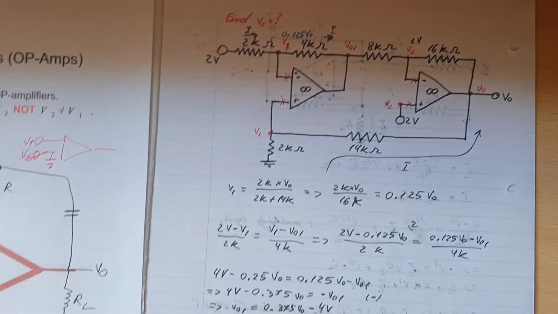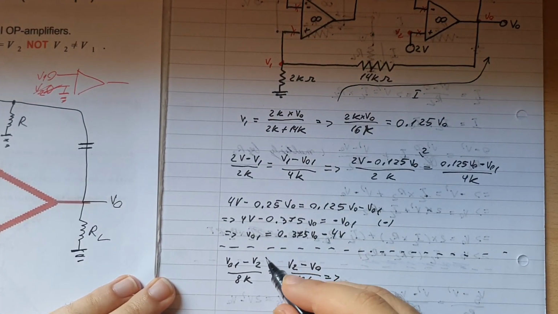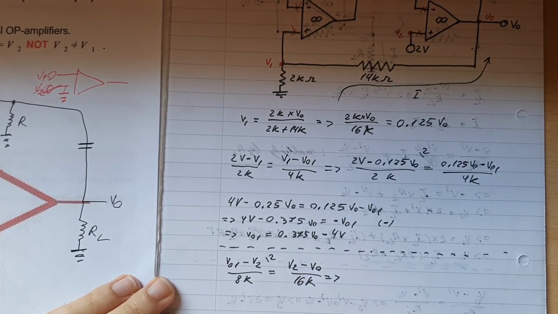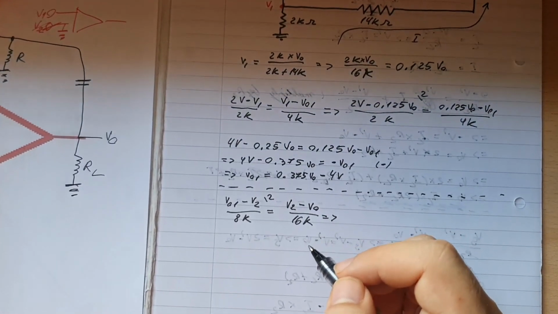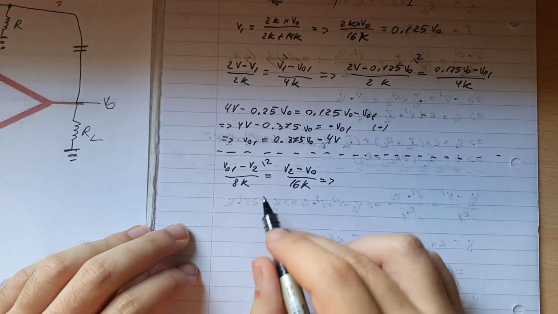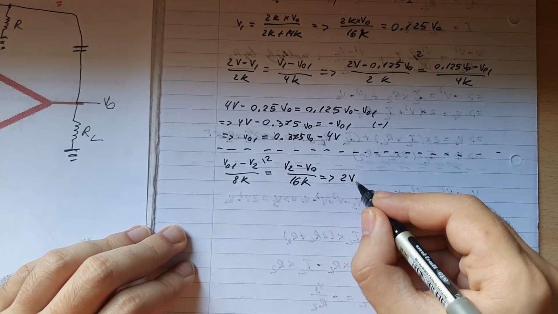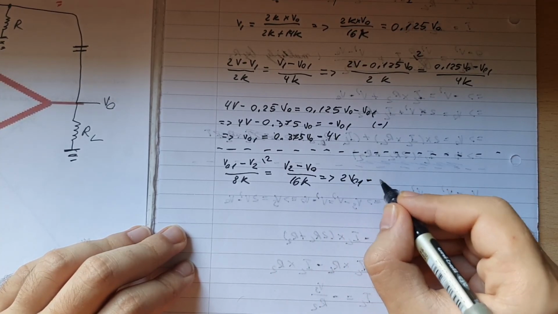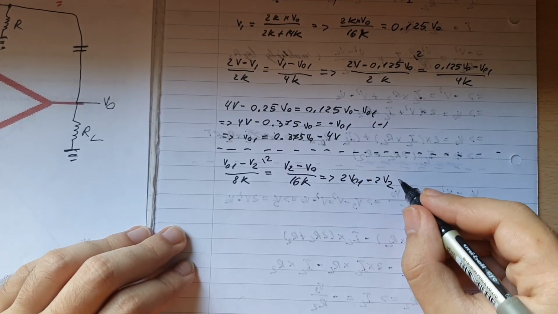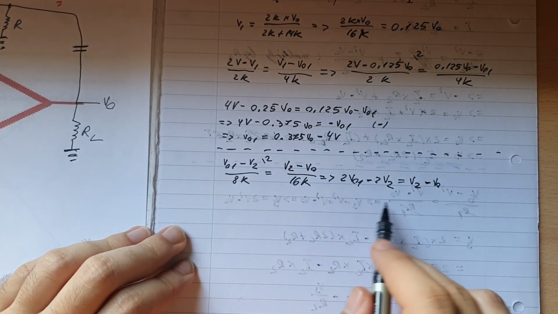Okay, so now what we need to do, we can multiply this side by 2, we get the same number down here. Let me just make sure that you can see all of the calculations. So we get the same number down here, and therefore 2VO1 minus 2V2 is equal to V2 minus VO, okay?